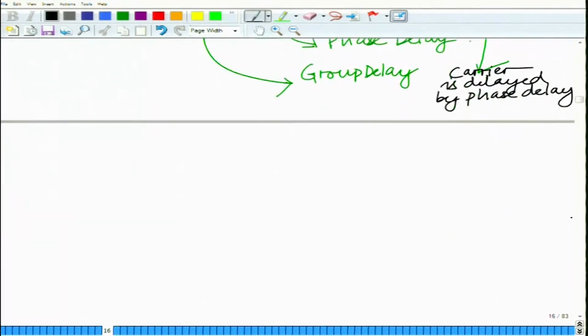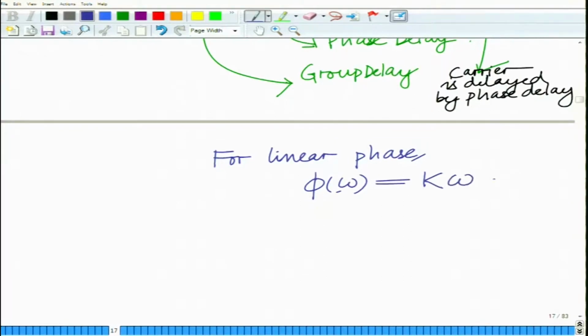And further, if the phase is linear, which implies phi of omega equals k omega.